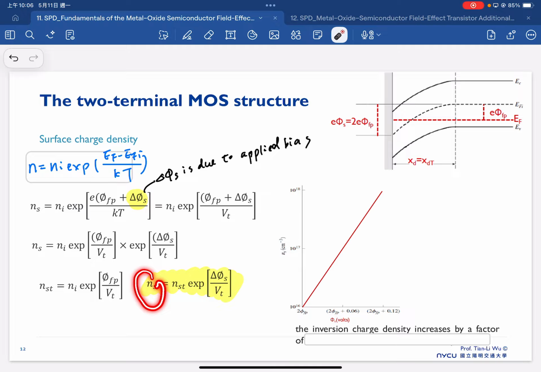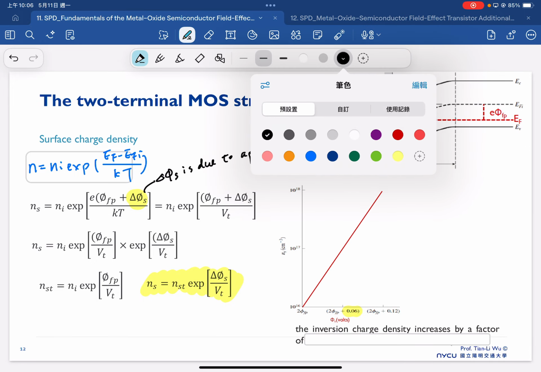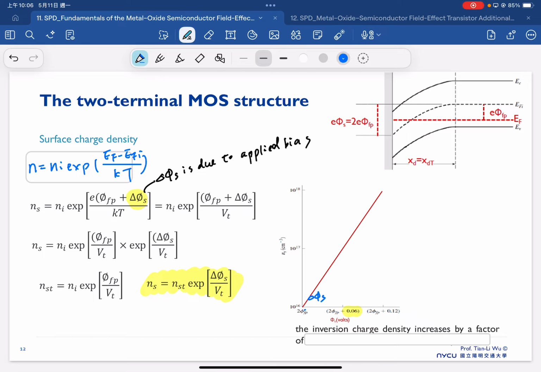So this equation suggests that if you look at Ns versus our phi S here, as long as we have an additional 60 millivolt increase in the surface potential, ideally we should have Ns increase by 10.